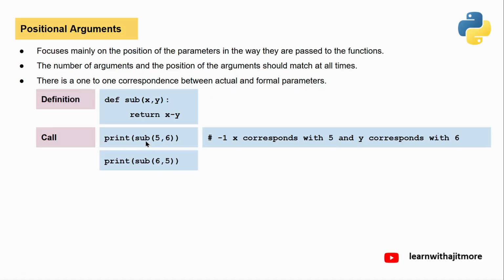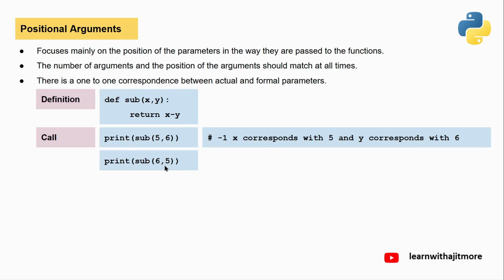But next time I'm calling the same function, passing the same parameters, only the position is changed. See, here also I'm passing two arguments only, and there are two parameters. Values are also the same, only the position is changed.